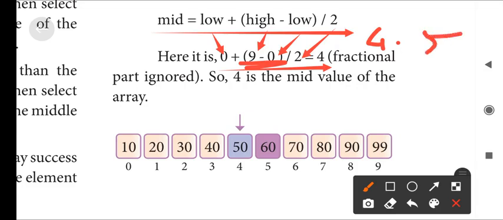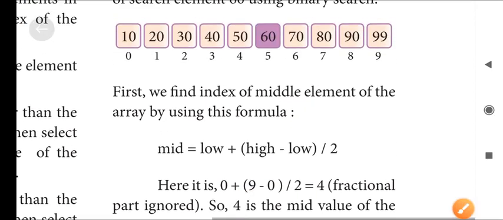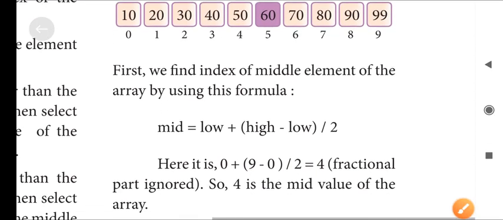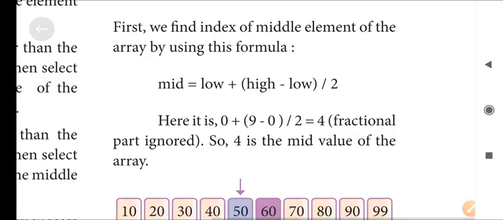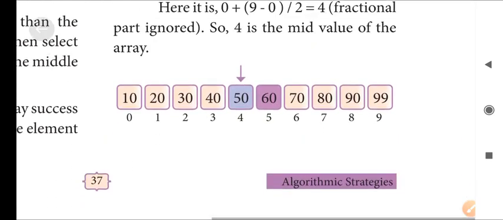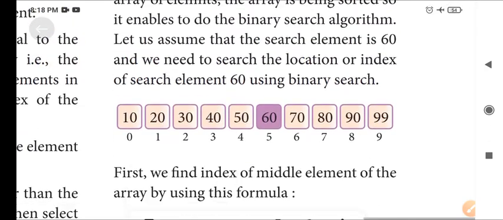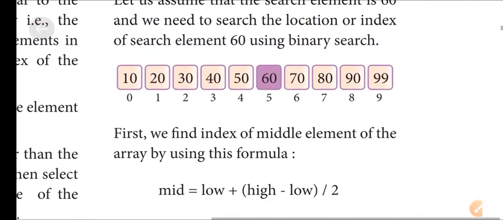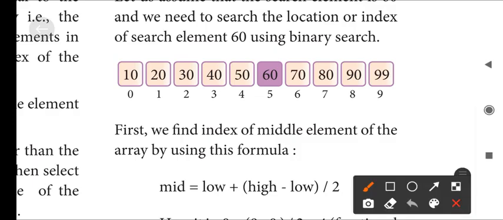Here we can ignore the fractional part. We don't want this .5, so we can take the value as 4. So this is the mid value.